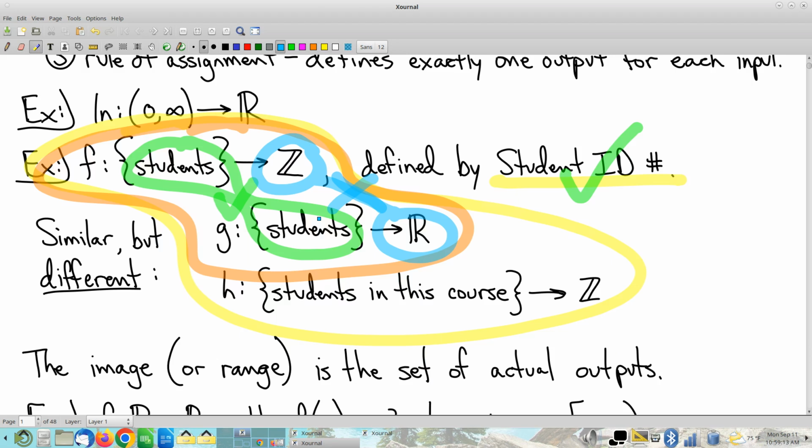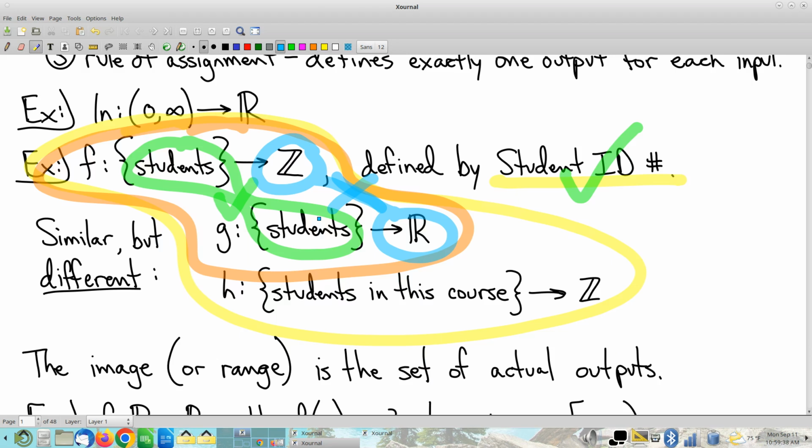So there's really nothing wrong with this G function. Yeah, it's got a bunch of extra space in the target that's not going to be used. But so does F, right? Z has way more numbers in it than are actually realized by student ID numbers. No student has a 756 digit student ID number.